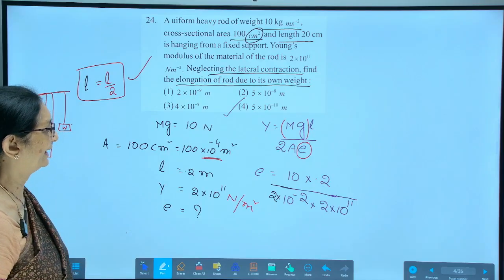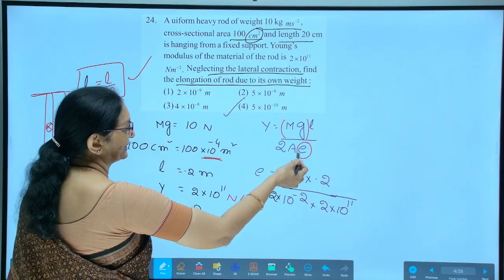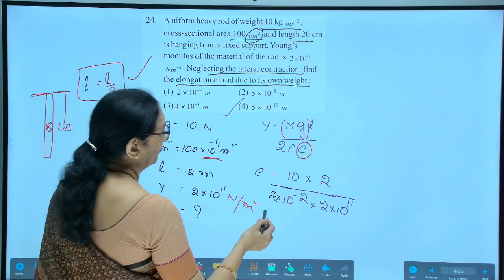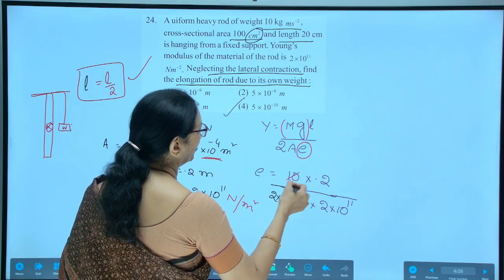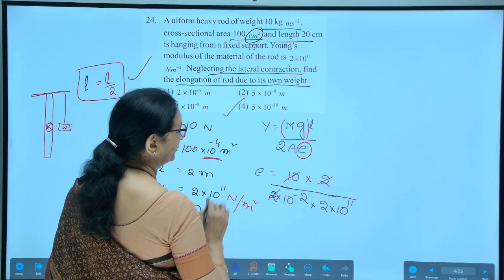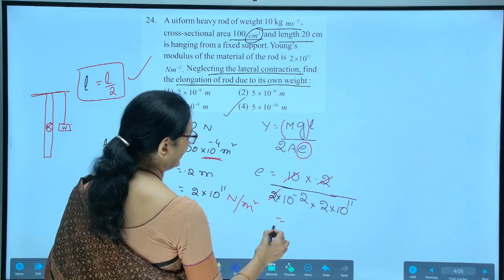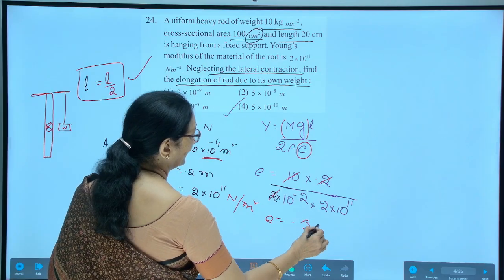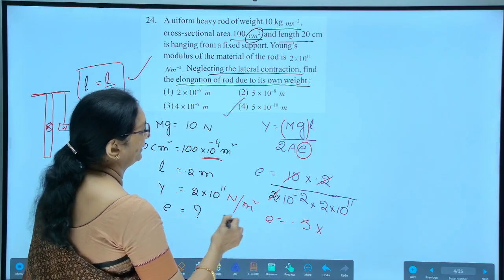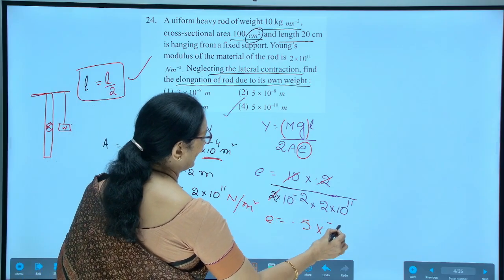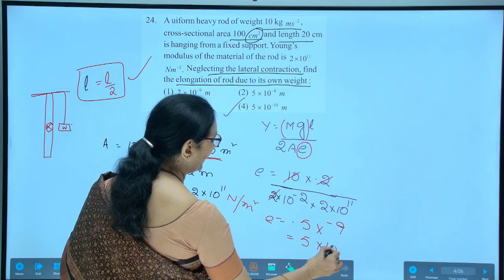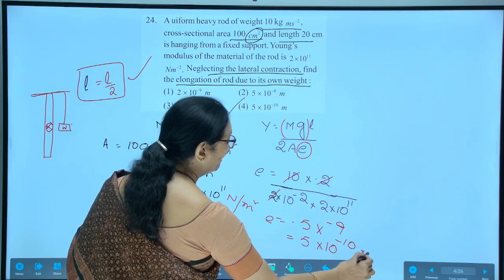So what is the extension produced? Just on substitution, simplify that. See here, what do we get? 0.2 into 10 is 2. 2 and 2 get cancelled. E is equal to 1 by 2, that is 0.5 into 10 to the power of minus 9, or it is 5 into 10 to the power of minus 10 meters.